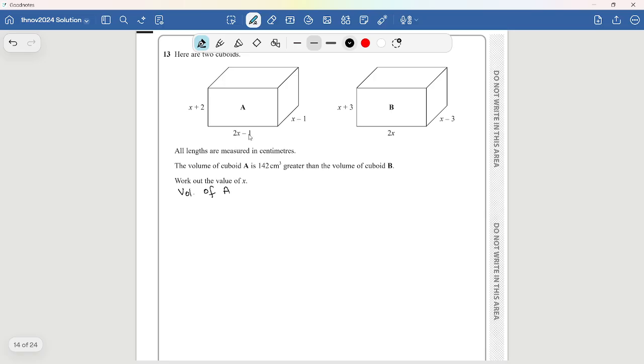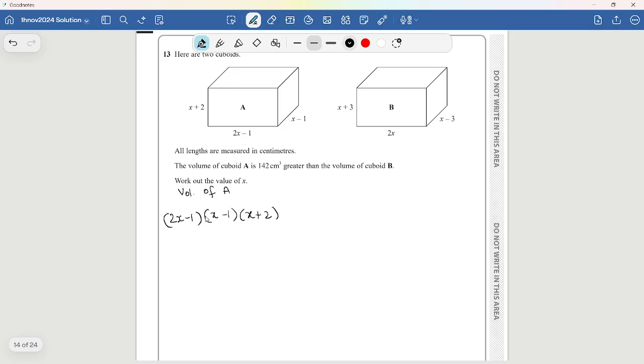Length times width times height gives you the volume of a cuboid. So length is 2x minus 1 times width is x minus 1 times the height is x plus 2. I have to multiply them all together and solve that algebraic expression to find the volume of cuboid A.